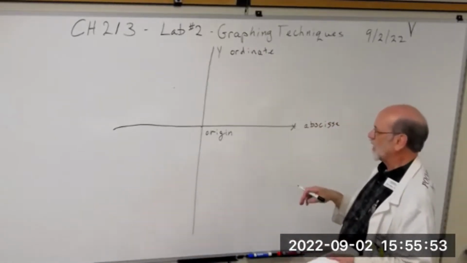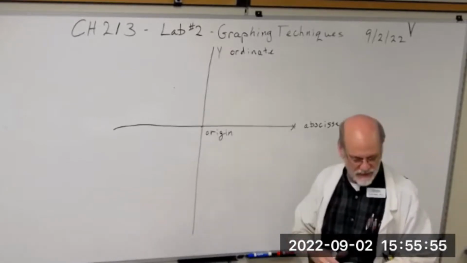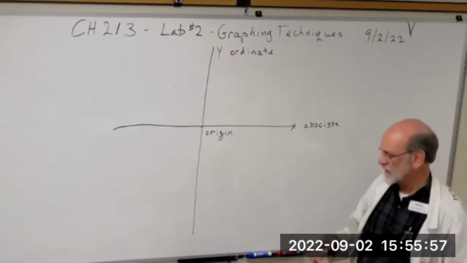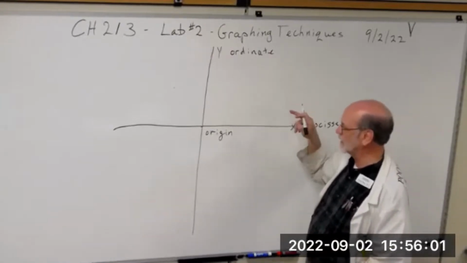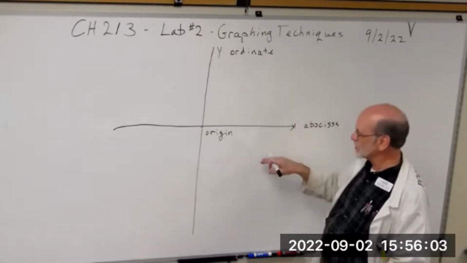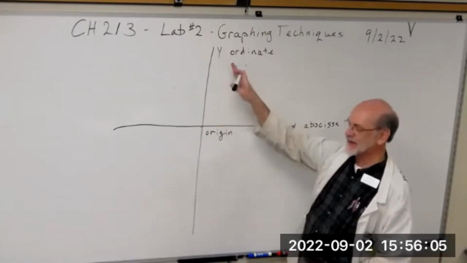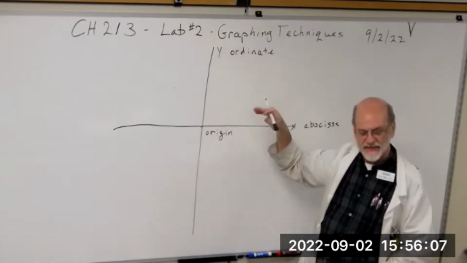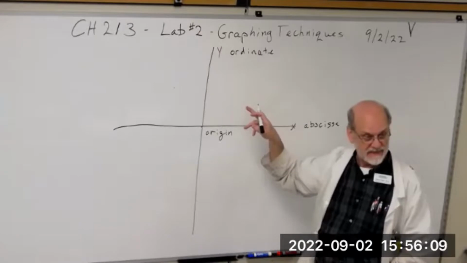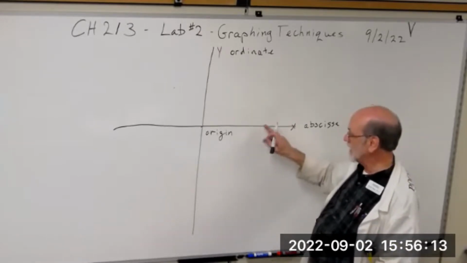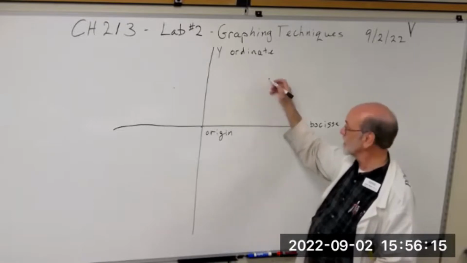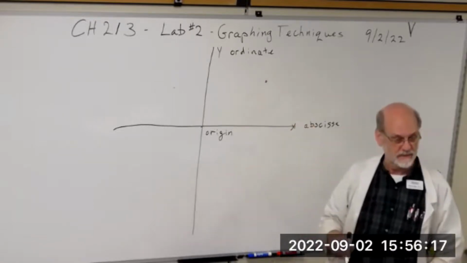So when we plot data on this system, we're actually representing with a single point a value that's associated with this axis and that axis. And the point is where they meet. So if we come out this far on the x-axis and then go up this far on the y-axis, we may have a point out here like that.